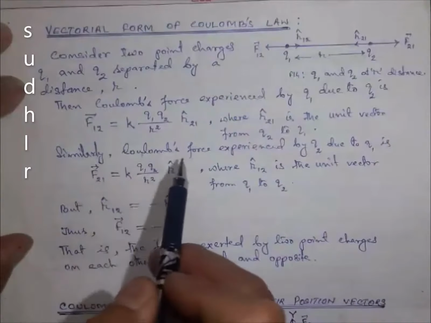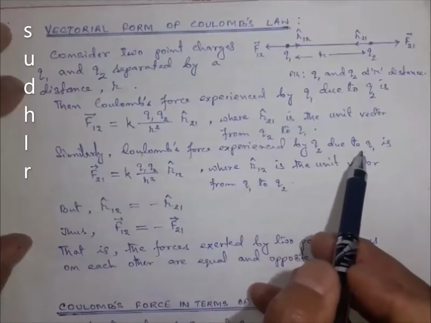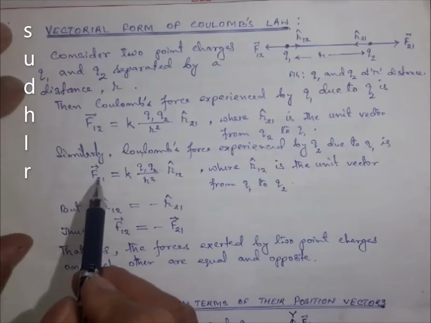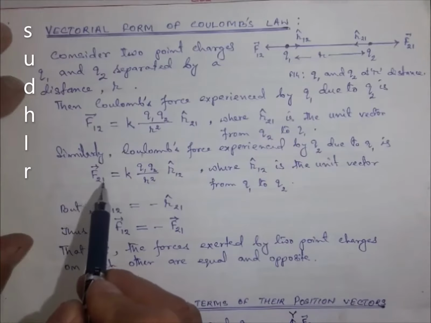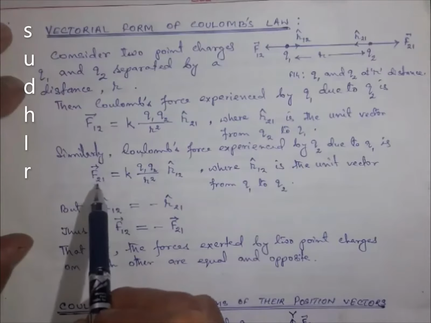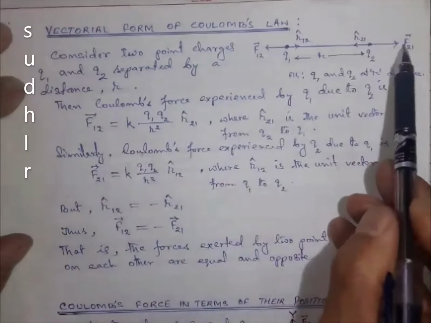Similarly, Coulomb's force experienced by the charge Q2 due to Q1 is the F21 vector. That means the force is experienced by the second charge due to the first charge, and it will act along this direction.